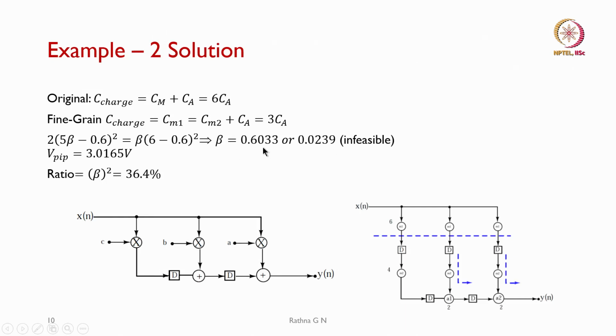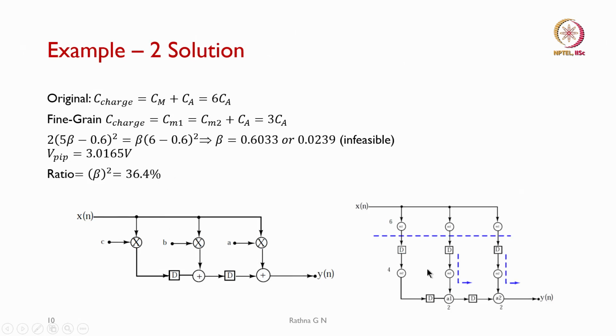So it becomes 0.6033, which is the supply voltage we can reduce to, and the power ratio is beta squared. When I take it, the reduction is going to be 36.4%, but pipelining should have given me 50%; in this case the reduction can only be 36.4%.